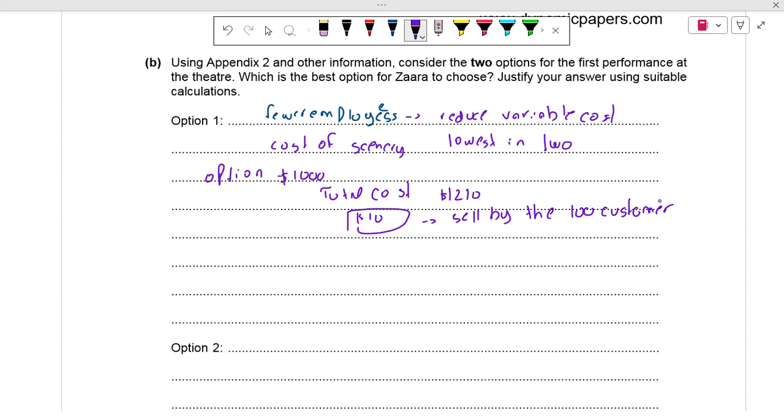Okay, so basically the average wage cost is highest, which is $20, $1 higher than option 2.